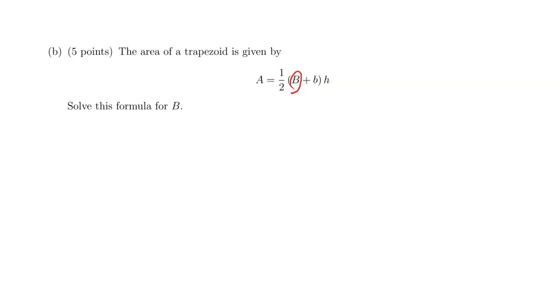And when you try to take things away, you should do it in the opposite order from how they were applied. So first, if you look at this capital B, you first add the small lowercase b, and then multiply by 1/2, and then multiply by h. So that's the way these operations are applied.